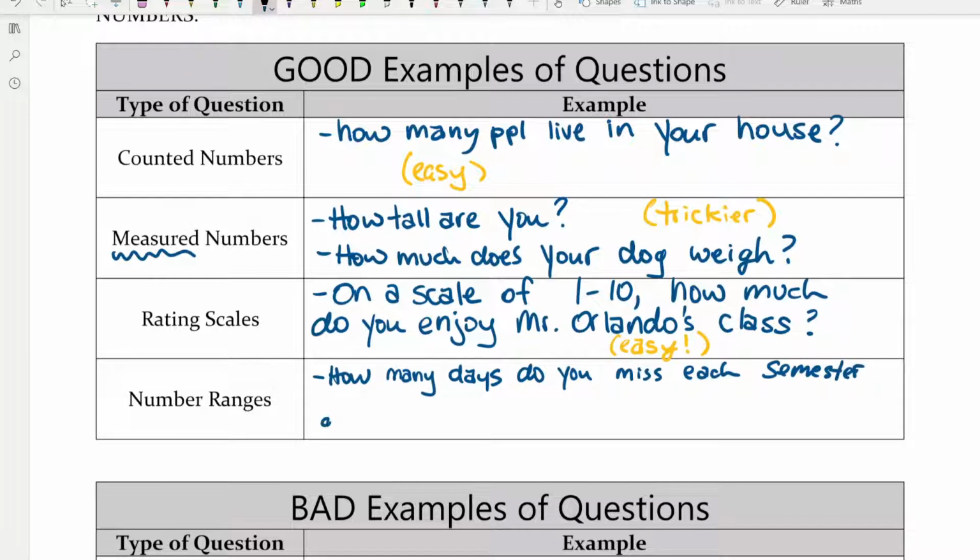And then you could give them multiple choice. 0 to 5, 6 to 10, 10 to 15, 16 to 20, and keep going all the way up to, I guess, 85 to 90 or 86 to 90 would be all of the days in the semester. So you give them a range so that they don't have to remember the exact number. This is a pain.